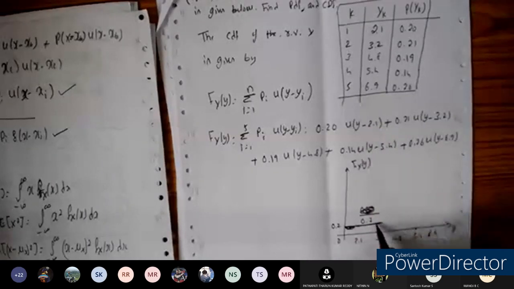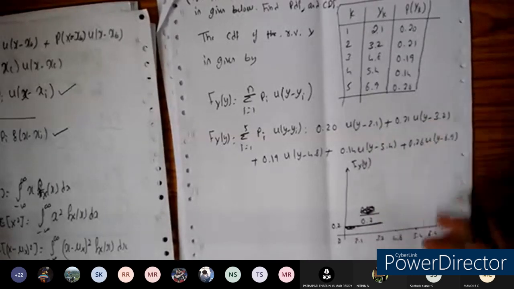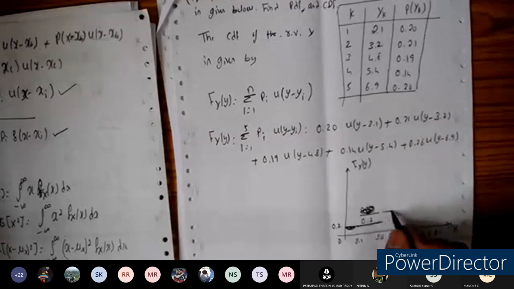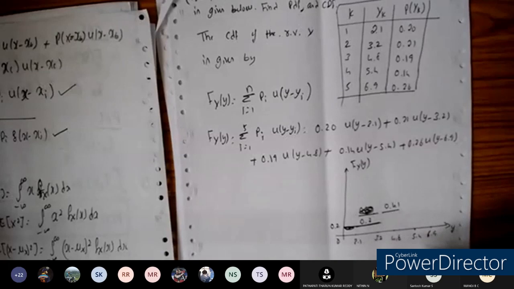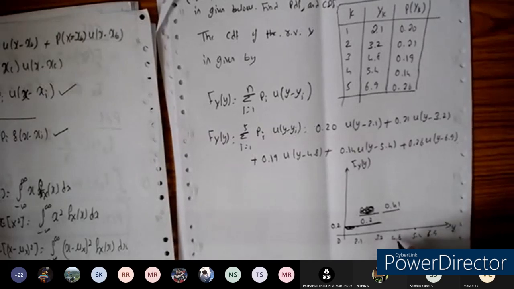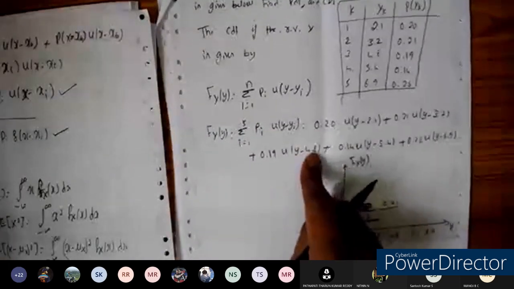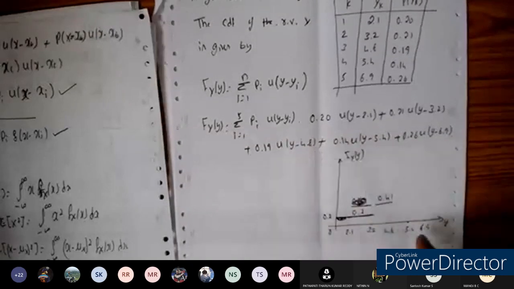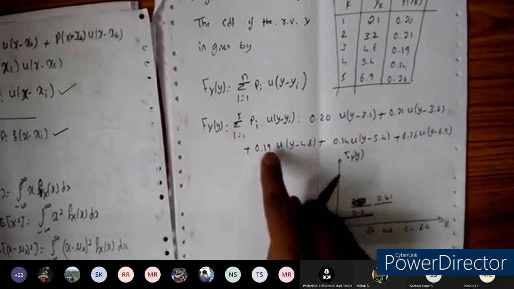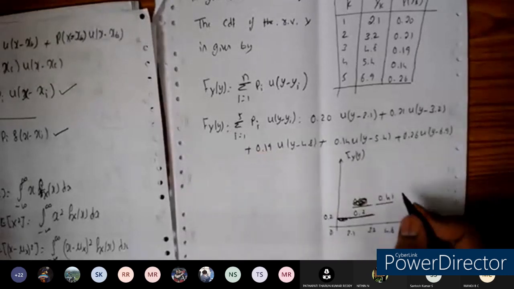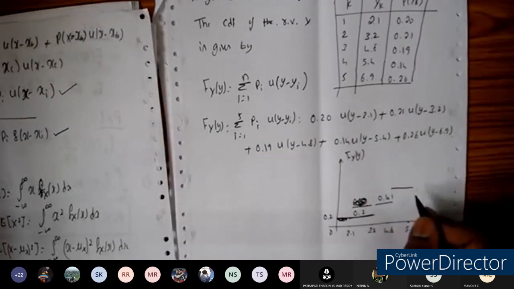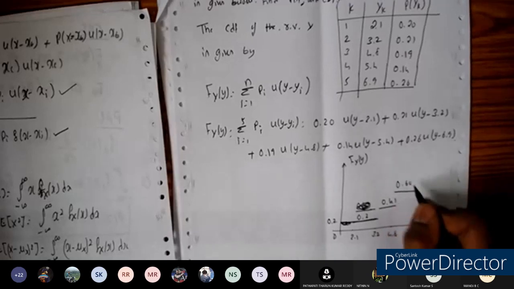Similarly, u of (y minus 3.2) means it starts from 3.2, where the value is 0.41. And u of (y minus 4.8) means it starts from 4.8, where the sum is 0.41 plus 0.19, which is 0.60.